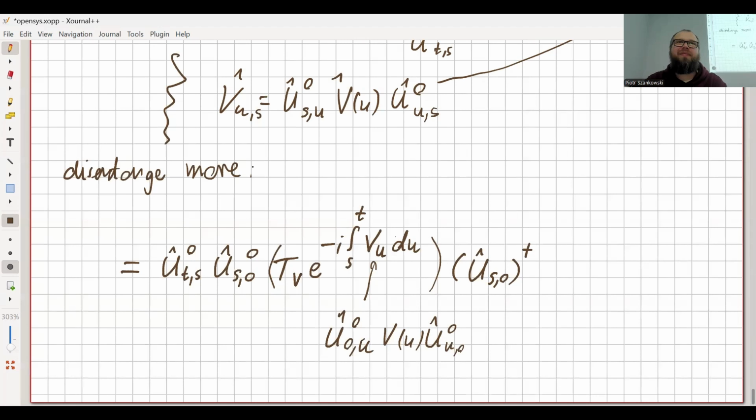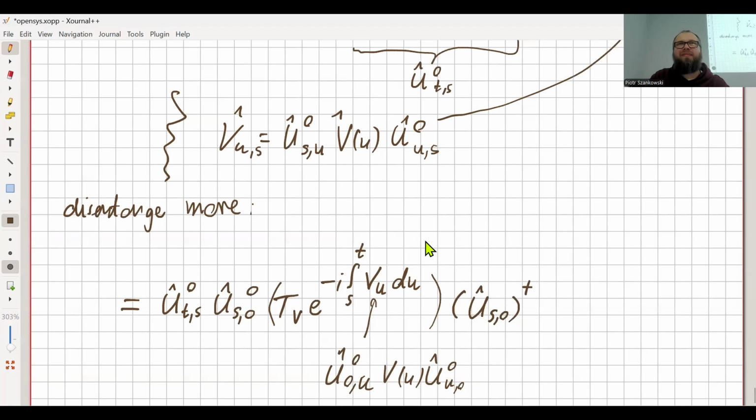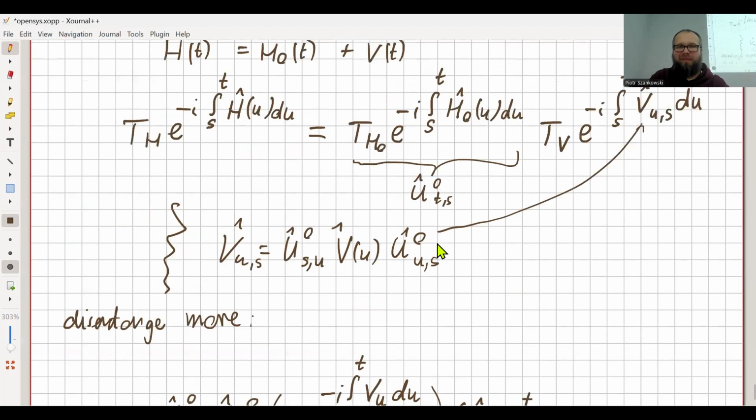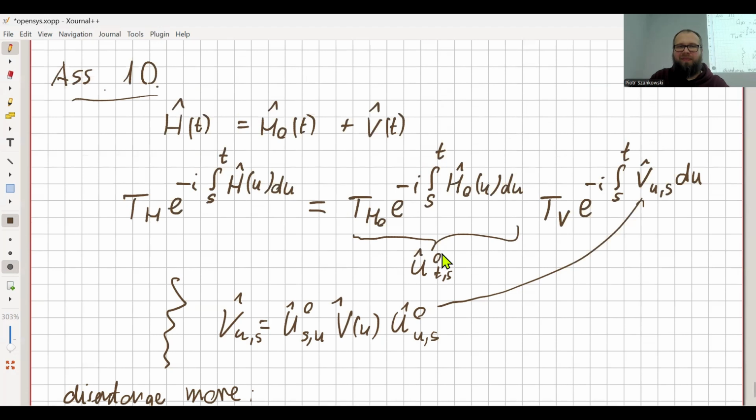This disentanglement cannot just be taken from anything. This equation was not for general disentanglement, but for disentanglement starting from S. We started at the very beginning by setting S to 0, the initial time to 0, and defining every interaction picture with 0 as your reference time.